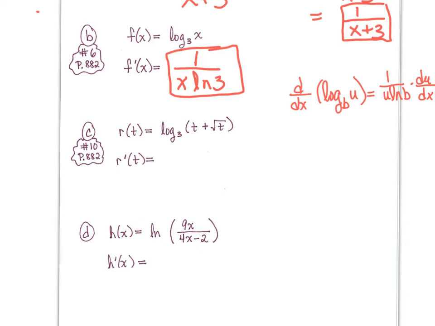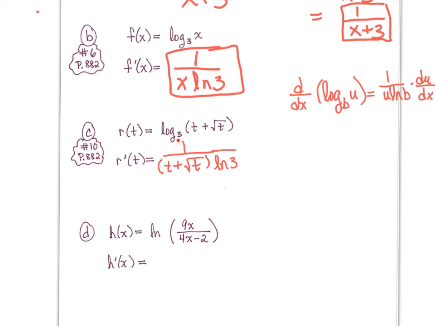Just so you see it, this t plus the square root of t is our u here. So, knowing that, we get 1 divided by the quantity t plus the square root of t, natural log of 3. That's just direct application of this part over here.